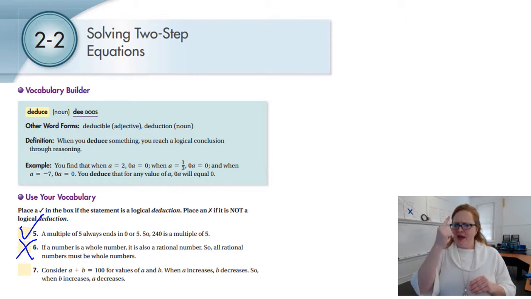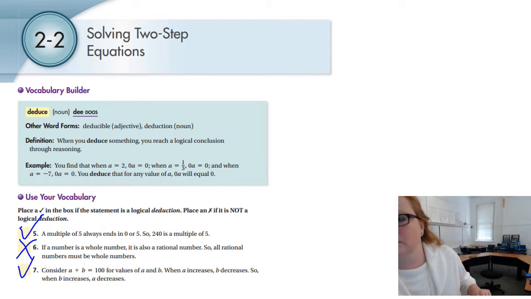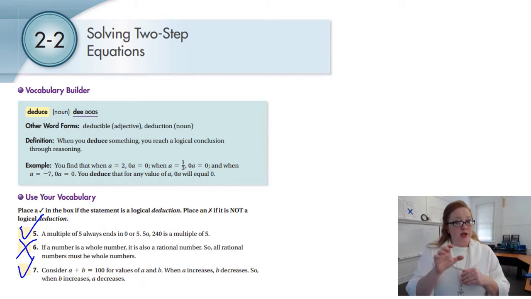Number 7, consider a plus b equals 100 for values of a and b. When a increases, b decreases. So when b increases, a decreases. To equal 100, when one number goes up, the other one must go down.